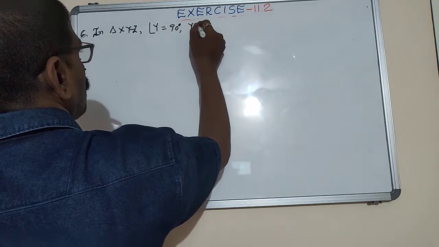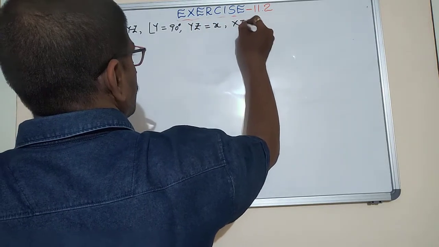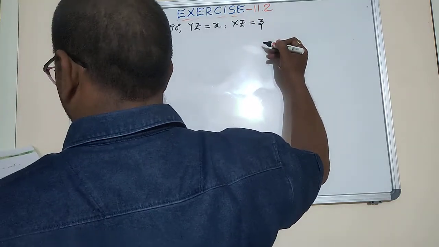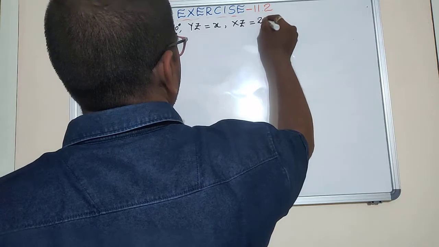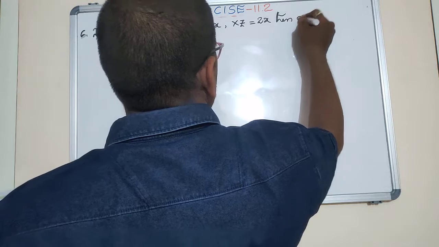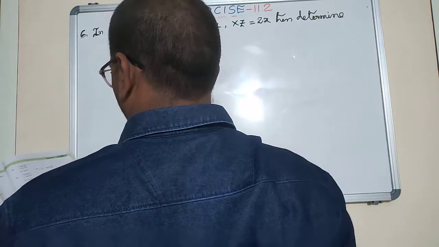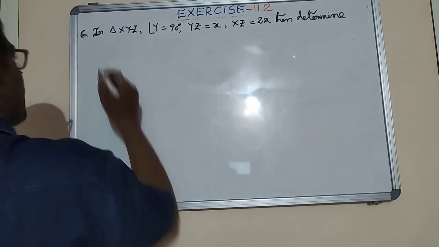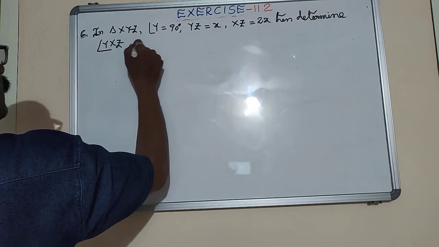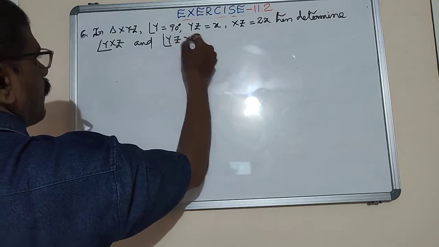YZ equals small letter x and XZ equals 2x. Then determine angle YXZ and angle YZX.